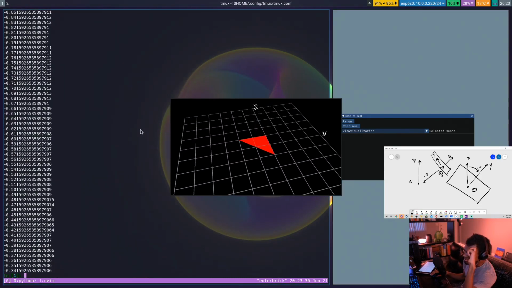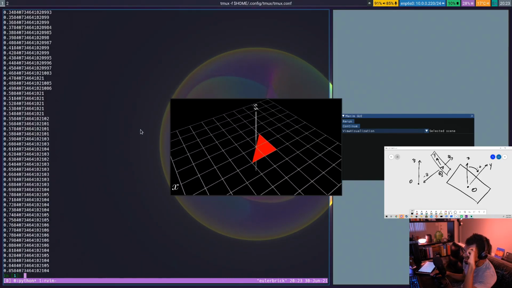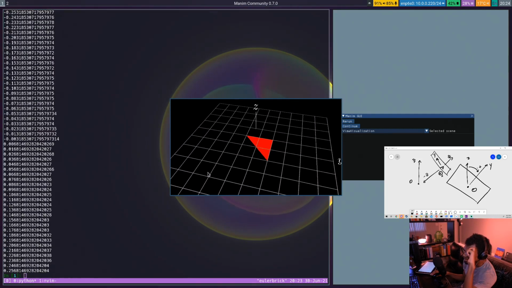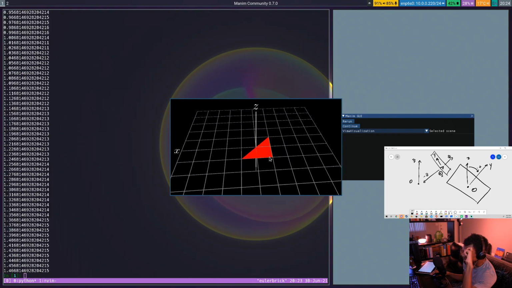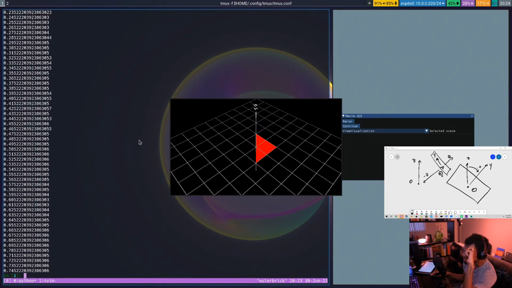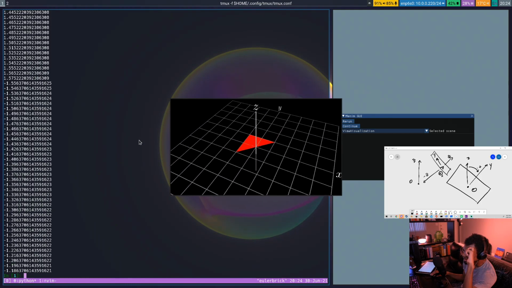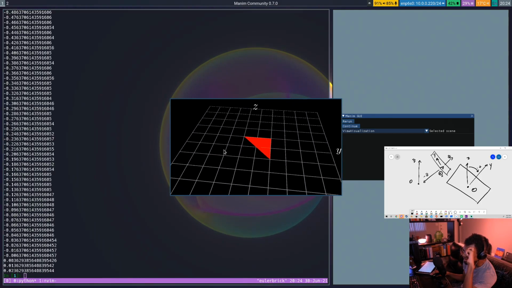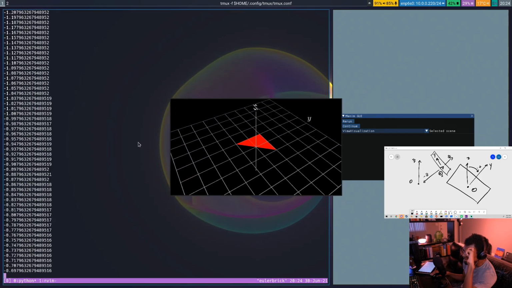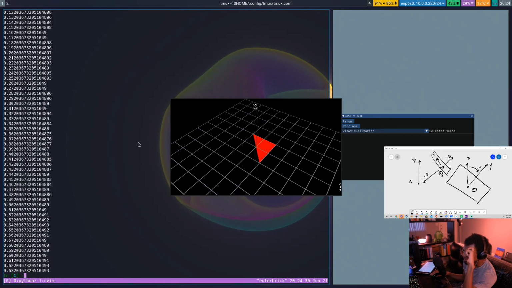When phi switches from positive to negative, that's when this happens. Wait. There, phi just switched. Again, phi switched positive to negative. It can switch negative to positive and there's no problem.